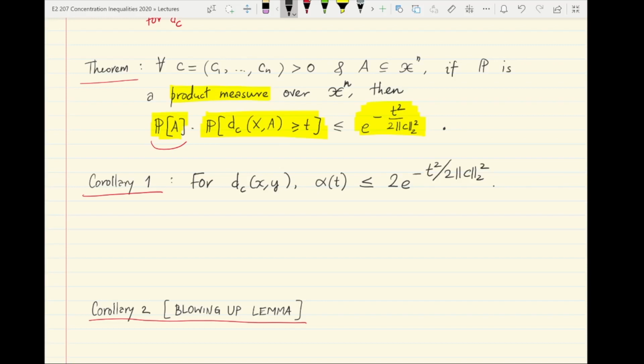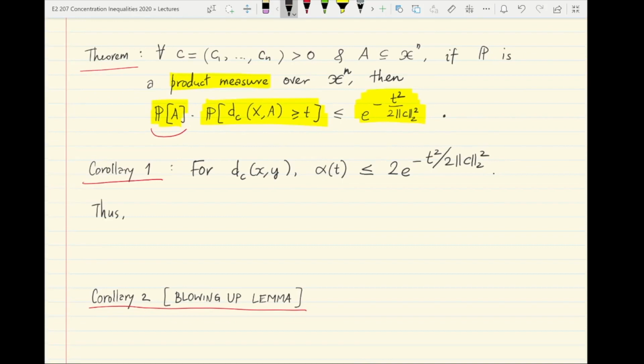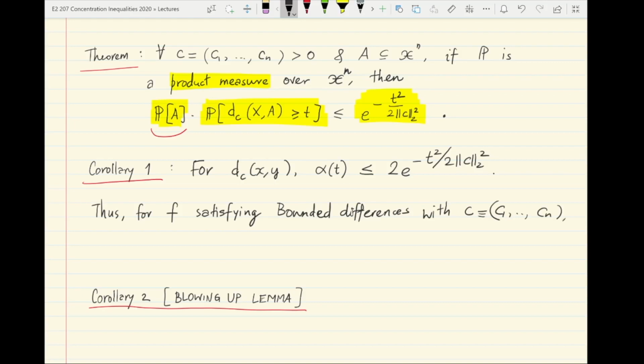So for the c-weighted Hamming distance metric on a probability measure space with independent measure, we already have, using the theorem, an upper bound on alpha of t of this order, and this immediately implies further that for a function f which satisfies bounded differences with coefficients c, we have median concentration.